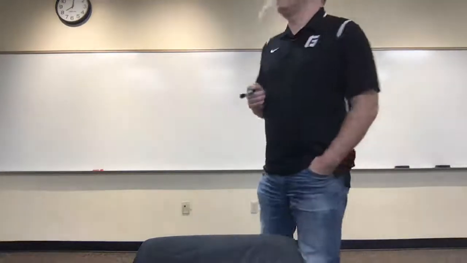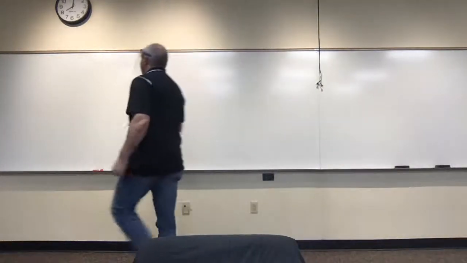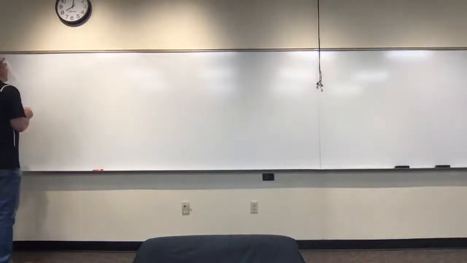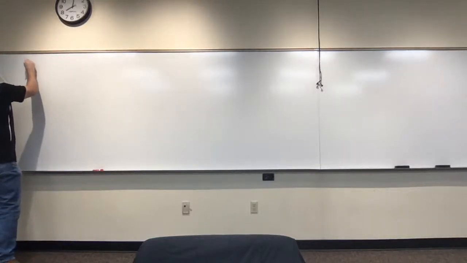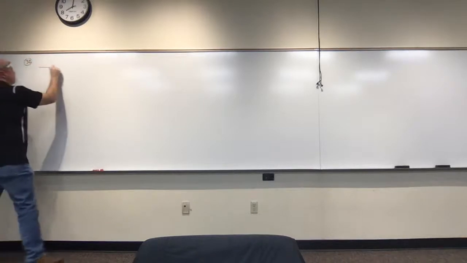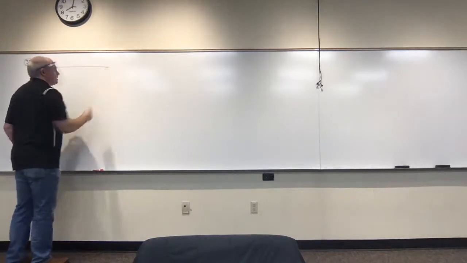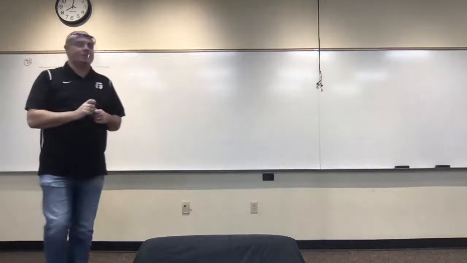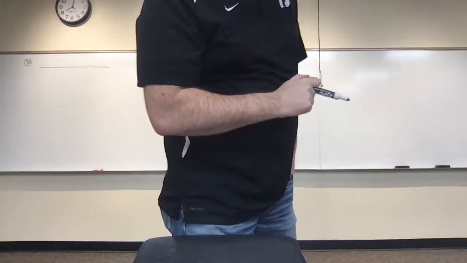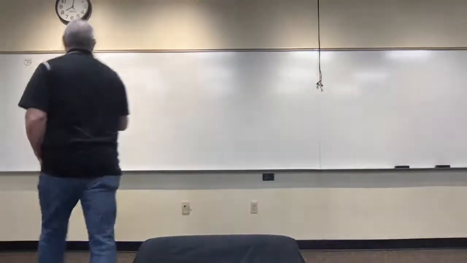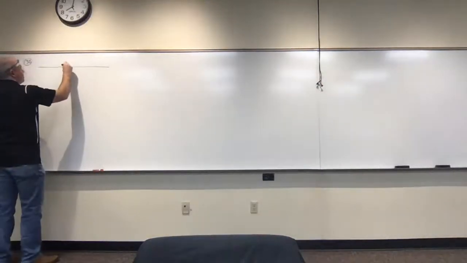Okay, yeah, very good. So you have a piece of wire, right? So this is 32. And you have a piece of wire. Does it say how long the wire is? 60. Okay, so this has length 60.